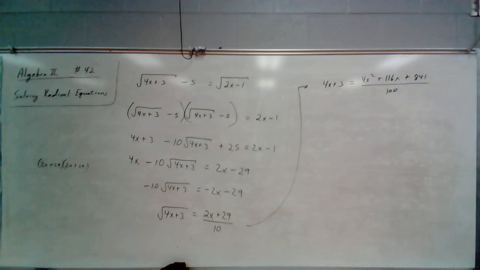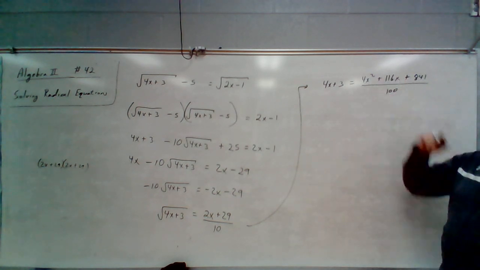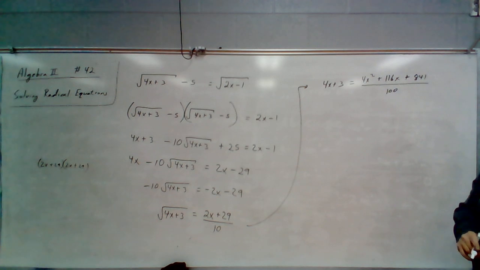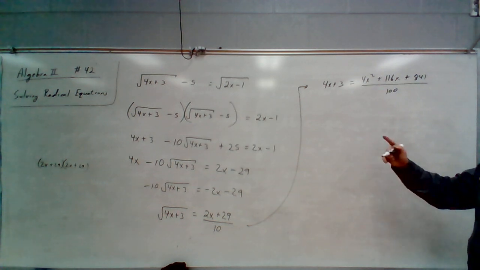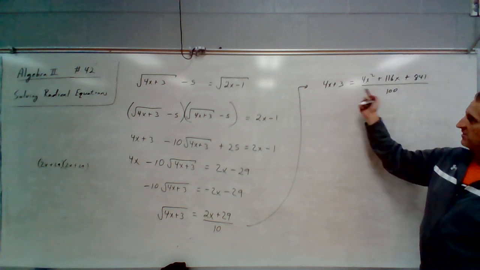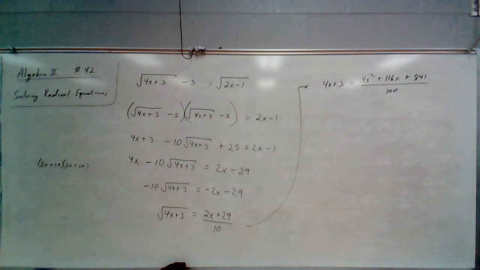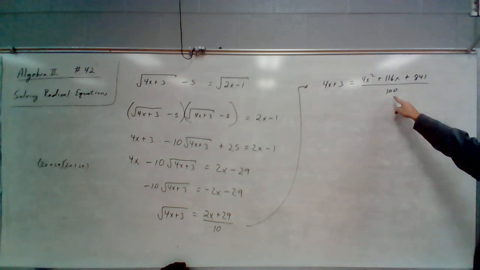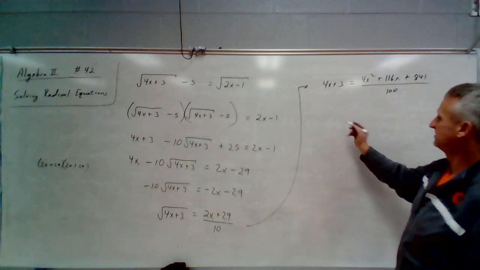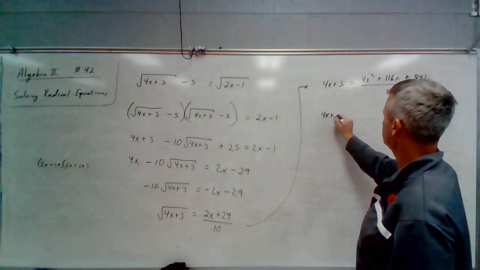All right. So notice what I have here is a quadratic equation now. Okay, so I need to get it set equal to 0. So I'm going to move the 4x over and the 3 over. But before I do that, I'm going to divide all of these by 100. So I have 4x plus 3.